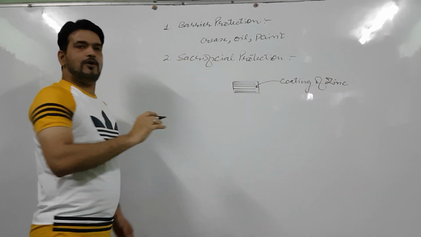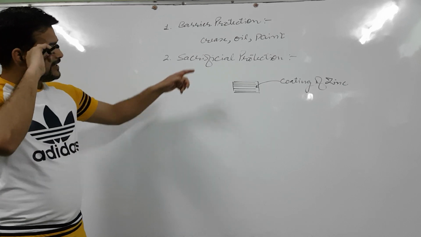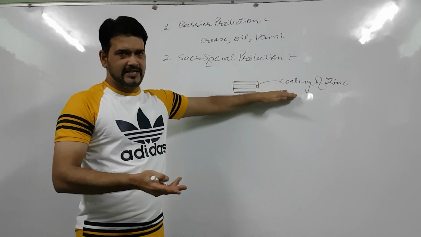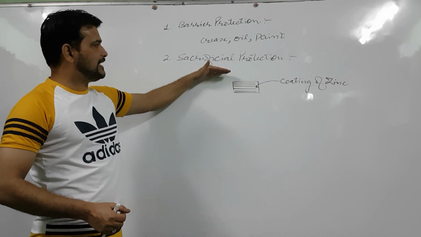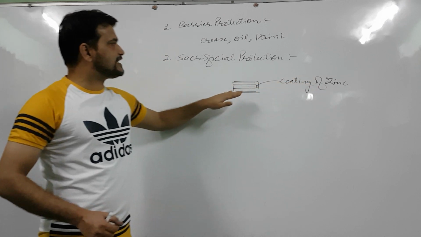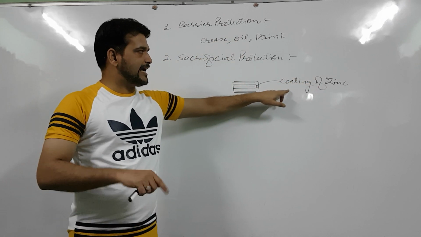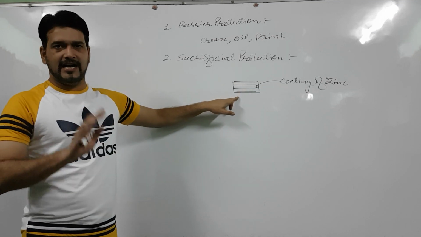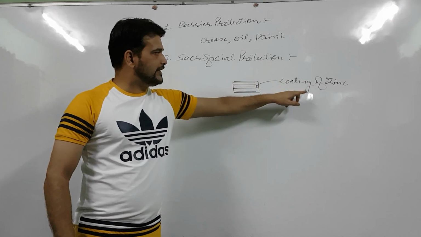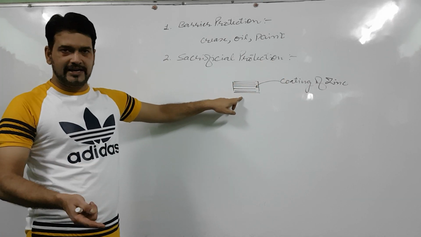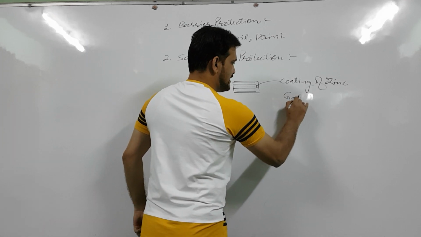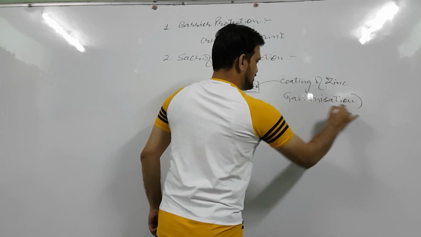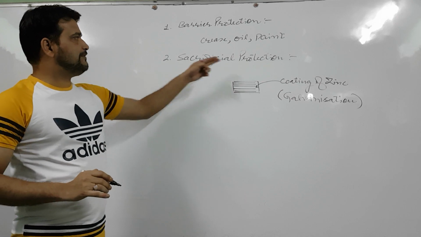Anything else applied will be barrier protection. Zinc will also create a barrier, but this is the new method. When a coating of zinc is applied, zinc will sacrifice itself. It will undergo oxidation and the iron object can be protected. And coating of zinc over the surface of iron is called galvanization, and this is the sacrificial protection.